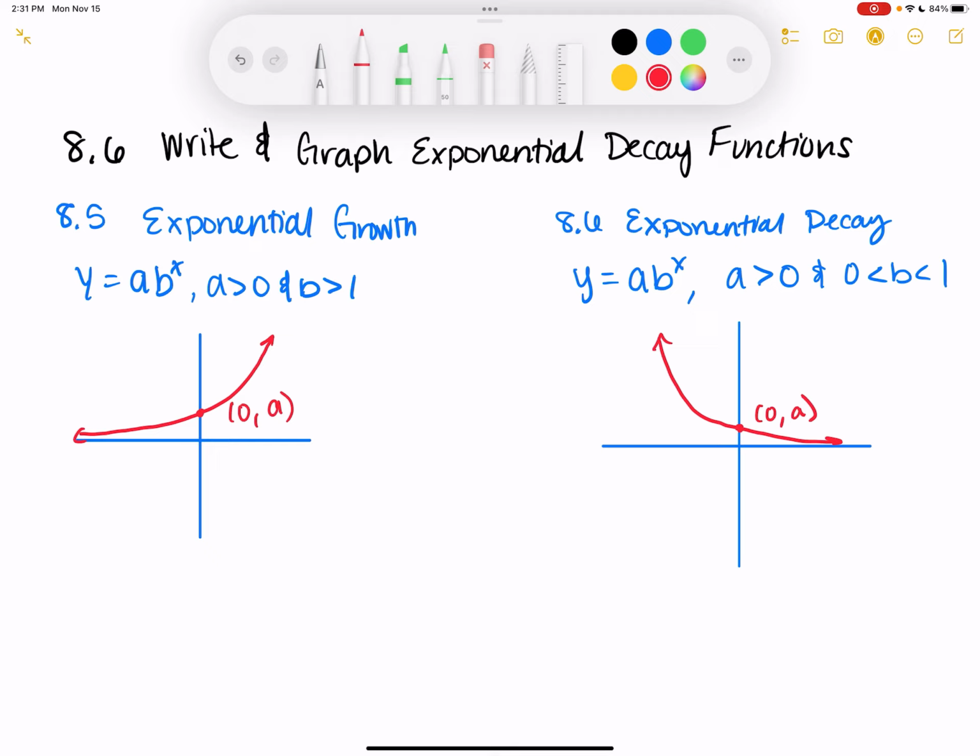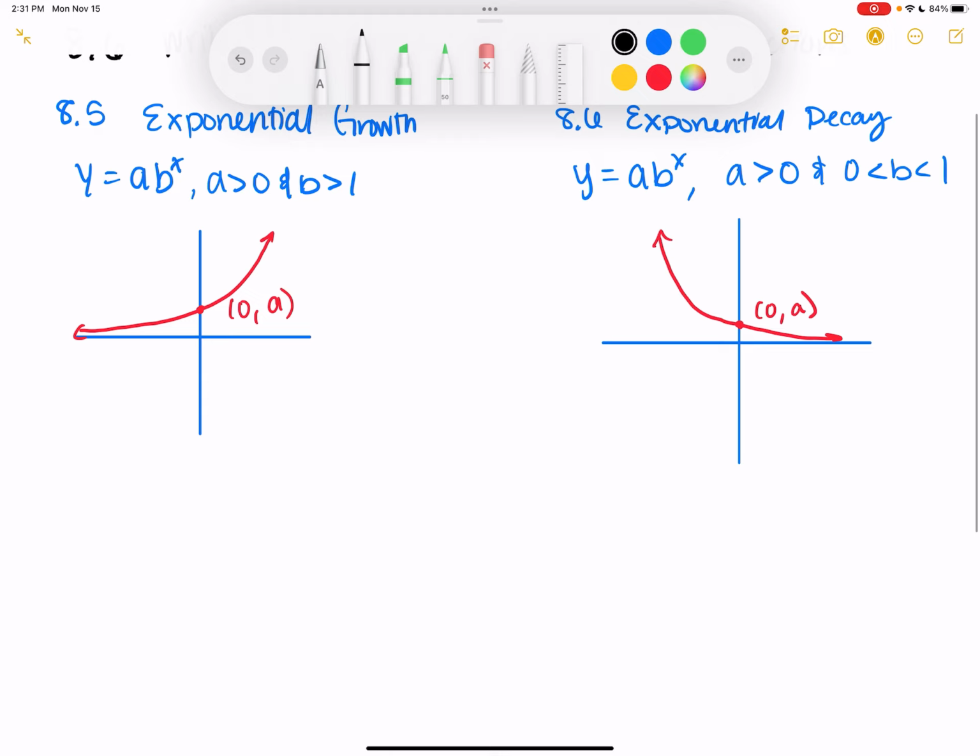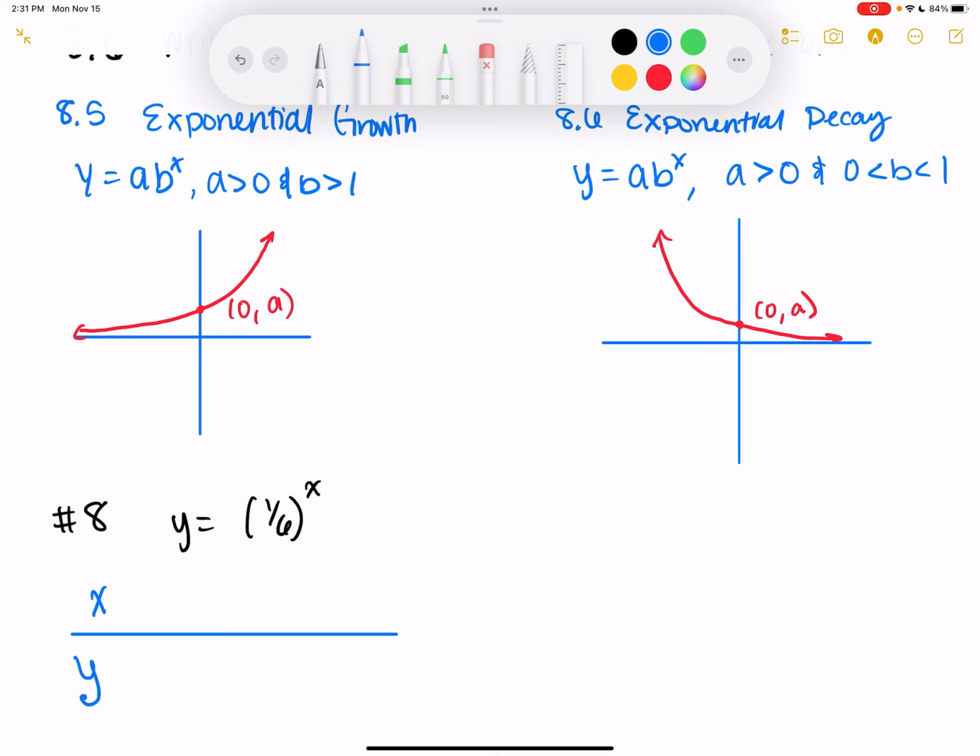Graph the function. Number 8. y equals 1/6 raised to the x. We're still making the x and y table from -2 to 2.